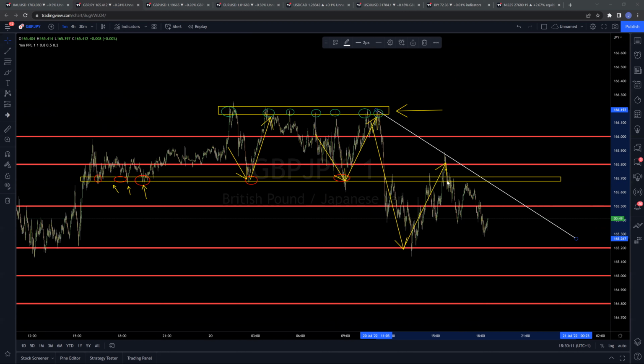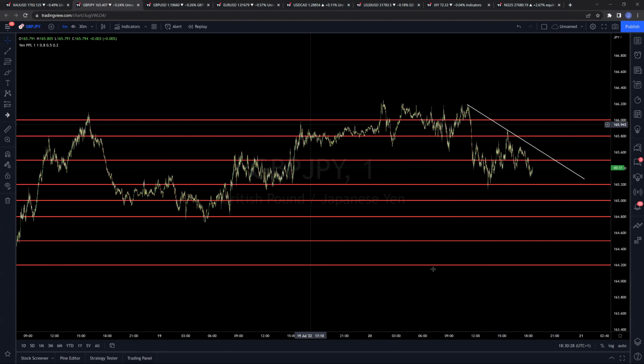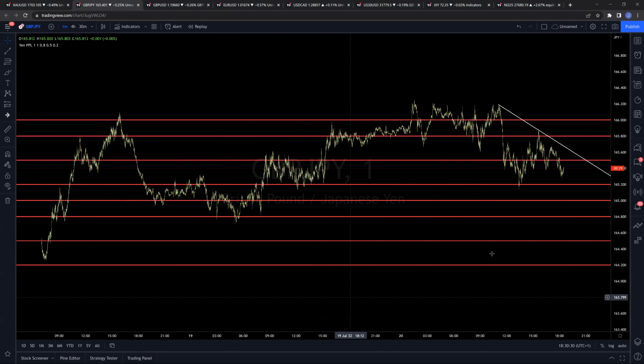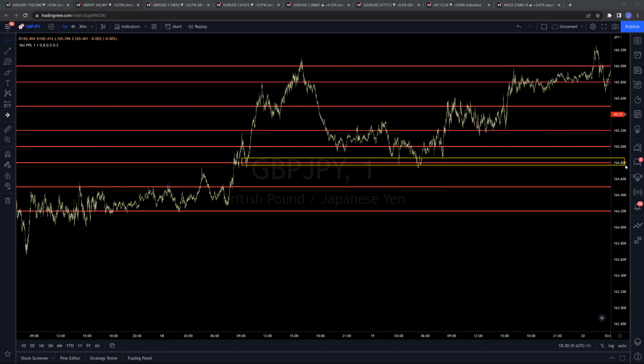Deeper pullback phases have still been relatively short-lived, where again, if we're trading below 165.5 and starting to trade below 165.2, we can see very aggressive pullback phases on the lower time frame to retest better buy zones of interest. For example, coming to at least potentially retest 164.8, or even potentially 164.5 as stated on the intraday timeframes.